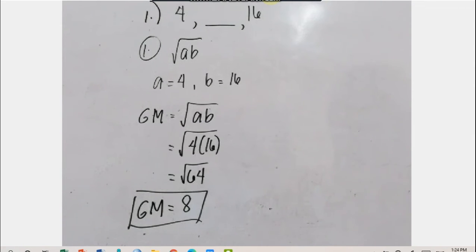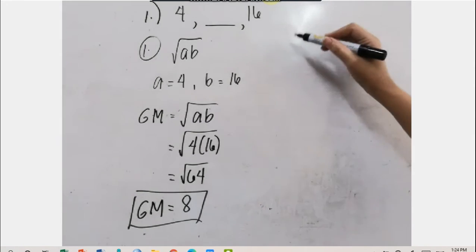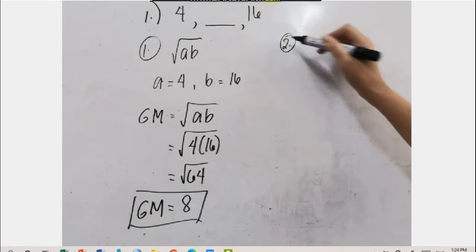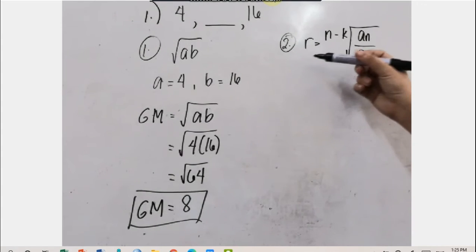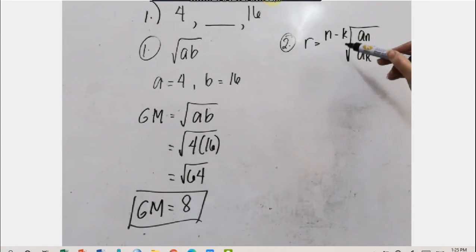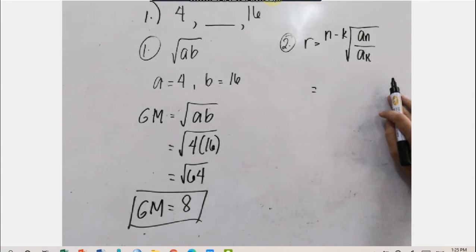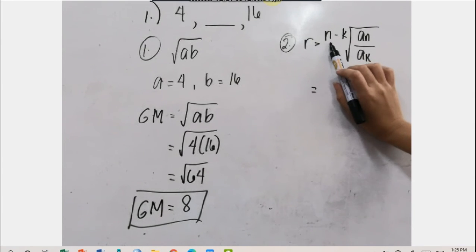Alright? So let us try the other formula or way in finding the geometric mean. We have r equals the n minus k root of a sub n over a sub k. So let us substitute that one. Our n here is the number of terms.